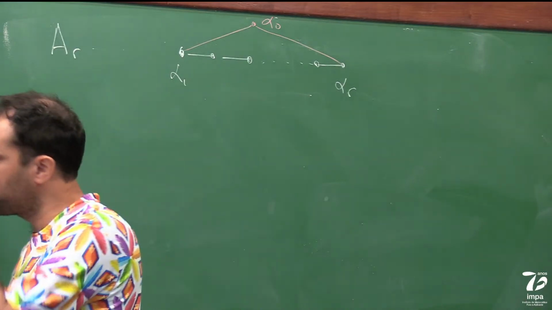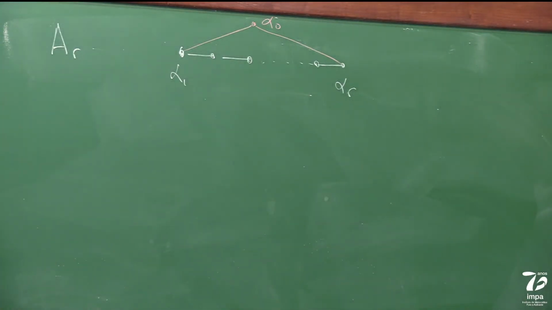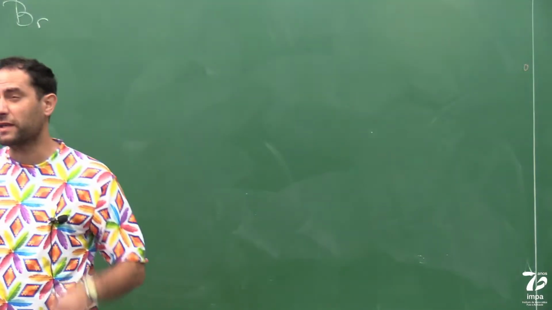Okay, so let's go for B_r. Let's do this here. And let's go slightly faster. So someone can tell me, what are the root systems that Jethro described? Did he do all of them? Did you guys do the A, B, C, D series and the exceptional ones, F4 and G2?